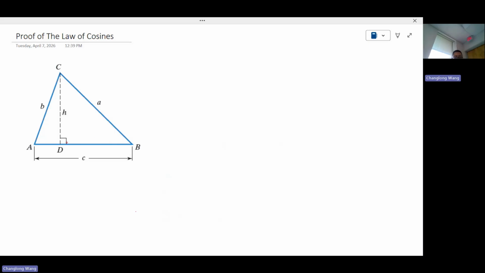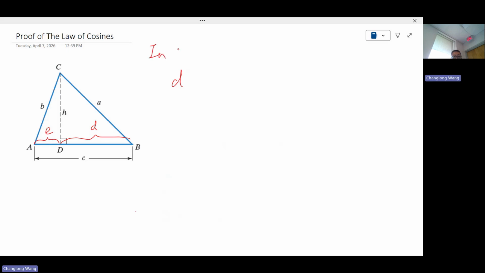Let me call this segment BD, the lowercase d, and the segment AD, lowercase e. Okay, so my question is, instead of finding the height, let me find the little d.